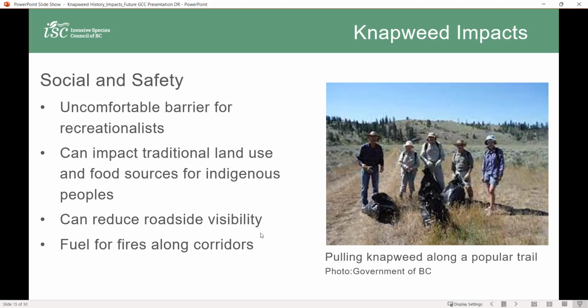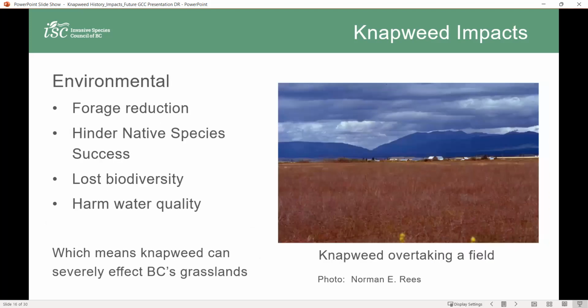It's impacting traditional land use and food resources for Indigenous peoples. It's reducing roadside visibility, and it's creating a fuel situation for fires along corridors. And of course, wildfires the last decade have become a real serious concern in British Columbia. And weed infested areas are very quick to be lit up and spread very quickly.